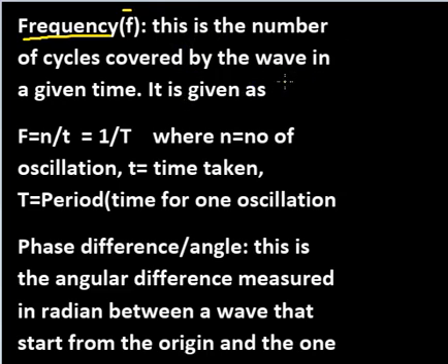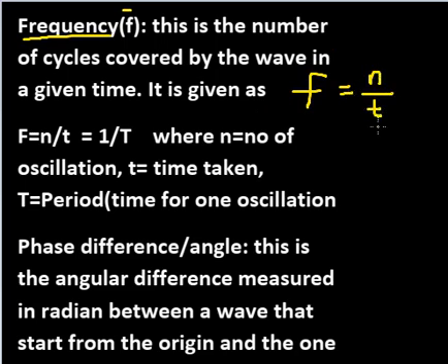In fact, we can say the frequency of a wave is the rate of oscillation, how fast the wave oscillates with time. So a wave that covers more cycles in a little time has a very high frequency. So frequency F of the wave is the number of cycles it covers per unit time.